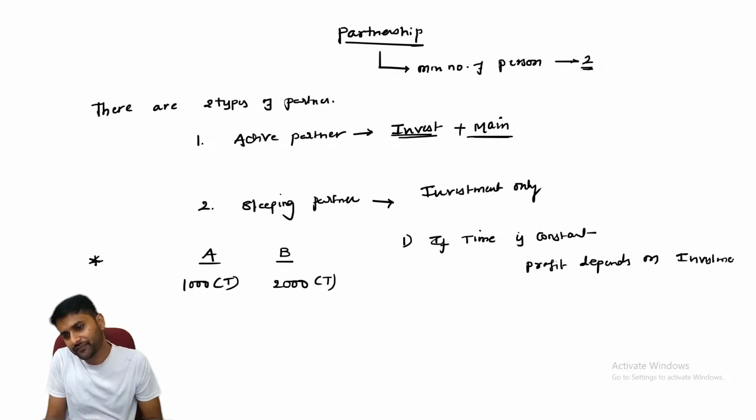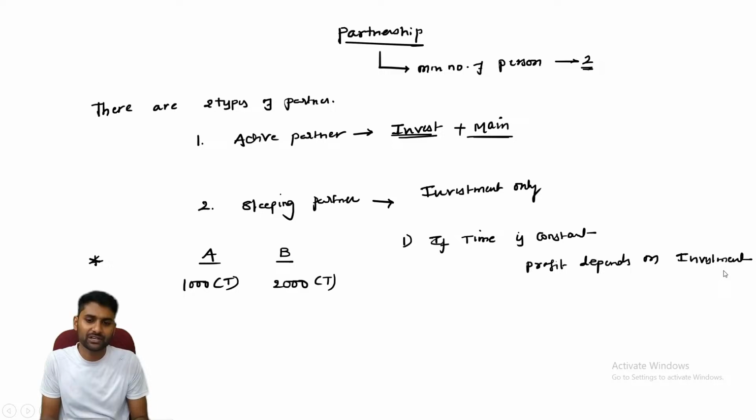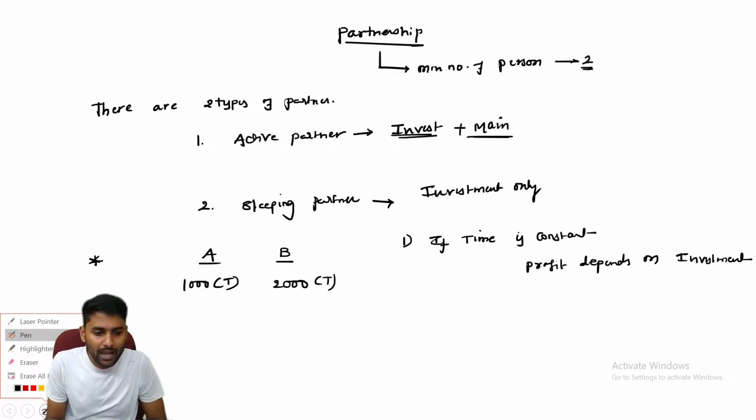Remember, guys, if time is constant, then profit depends on the investment. So whoever among A and B invested more amount gets more. That's why, in this information, investment decided the profit value.